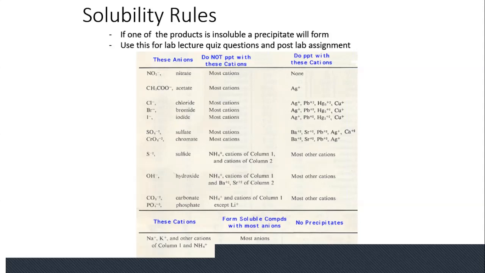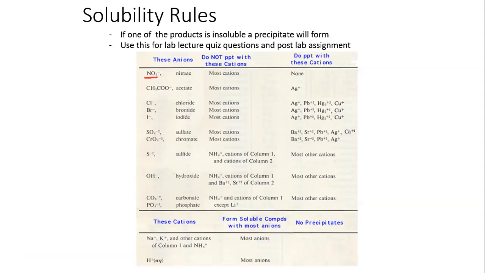Now to give you a few key pointers, for example, all nitrates are soluble. So any nitrate salt that you see is going to be aqueous. All acetates are soluble except for the ones with silver plus. So silver acetate would be an insoluble salt.